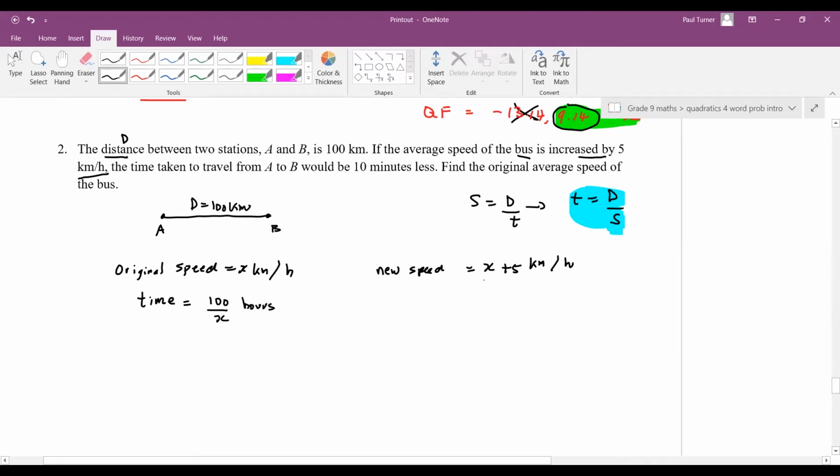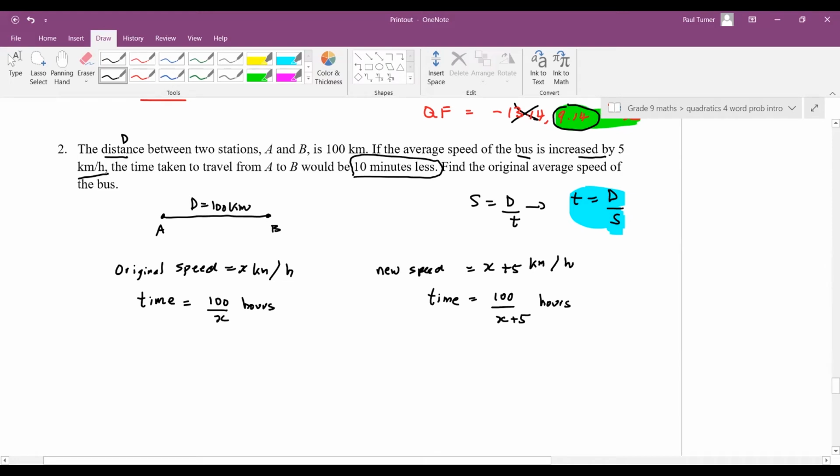And the time when you travel at the new speed, which will be a smaller number, won't it? And that would be 100 on x plus 5, like that, hours. And here it says when you do that, your travel time will be 10 minutes less.